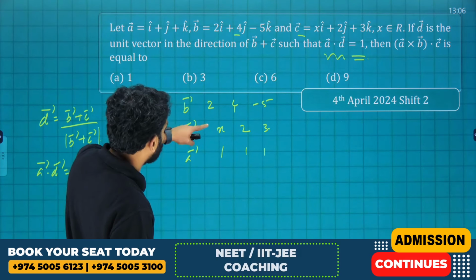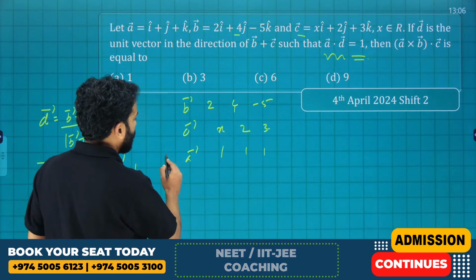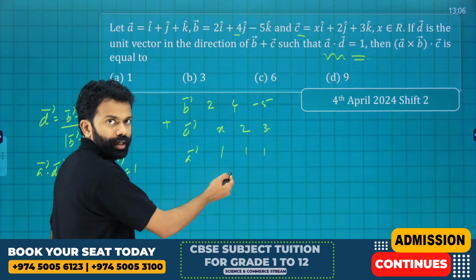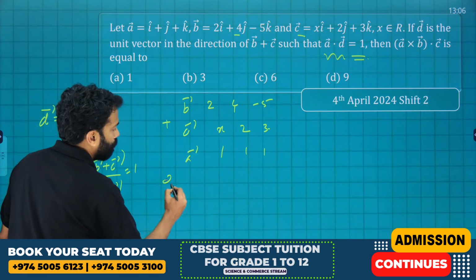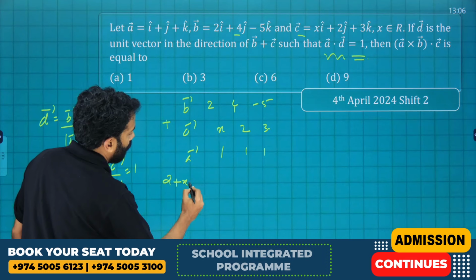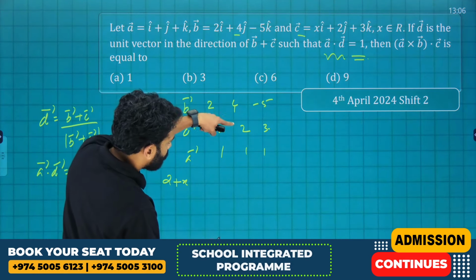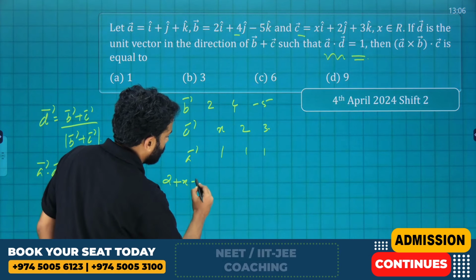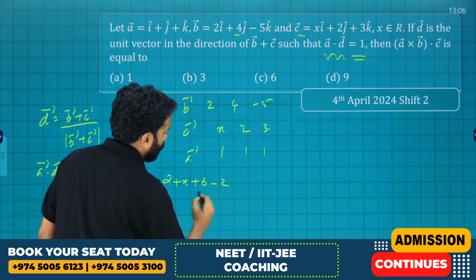That is 2 plus x. Then vector B plus C dot vector A, right? That is 2 plus x into 1, that is 2 plus x itself. 4 plus 2, 6 into 1, that is plus 6. Minus 5 plus 3, minus 2 into 1, that is minus 2.